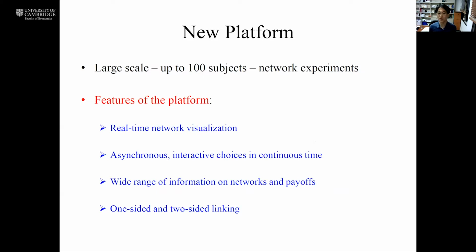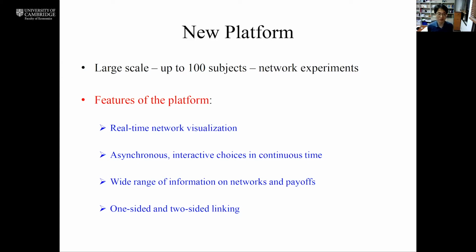And there are several key features of the platform that we have utilized so far. The first one is that we can visualize the evolution of networks in real time, so that subjects can observe either the entire network structure or the local information of the networks visually. The second feature is that people can make interactive choices in real time, in continuous time, and also make asynchronous choices.